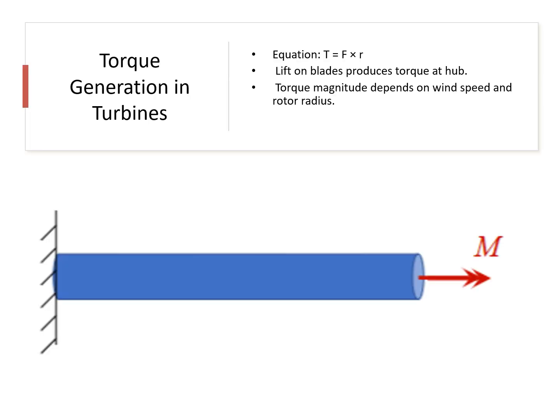A lot of times when we see wind turbines, we see them with three blades. Each blade is shaped like an airplane wing in order to generate a lift force. That lift force, cross product with the position of where that force is at, generates a torque.